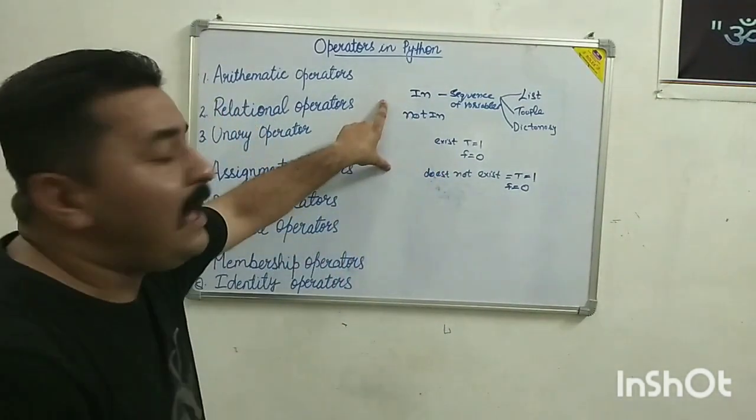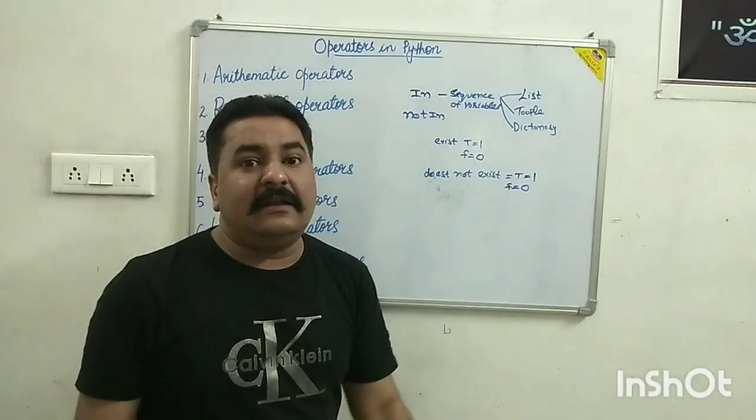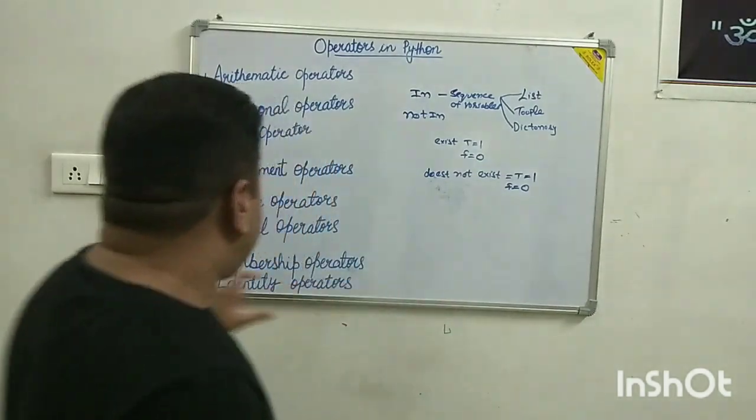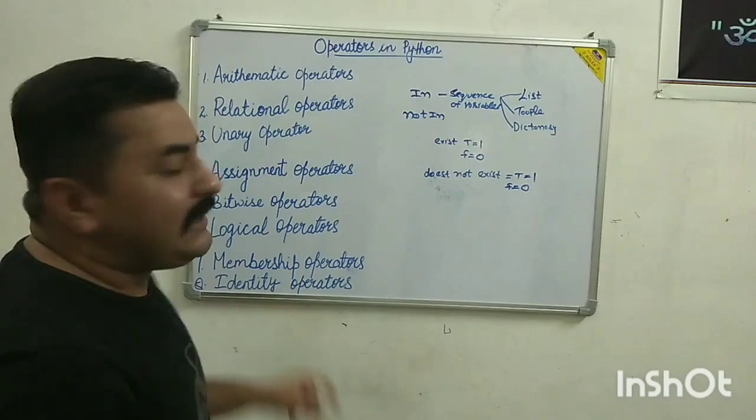So this comes in a membership operator, which is a new operator in Python, which is not in C language. Then we came to the identity operator, that is the last operator.